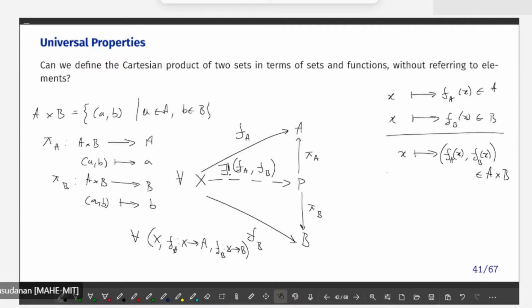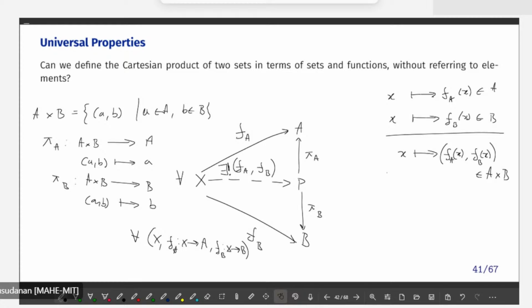Pi A applied after this function, if I take this and then project to the first component, I just get FA of X. That means that composition is equal to FA. Pi B after this FA comma FB is just FB. And this is a unique function satisfying this. So this is a characterization of the Cartesian product in the category of sets.